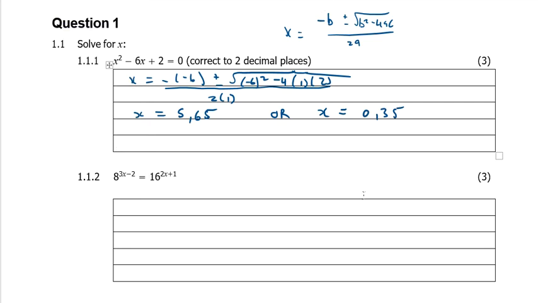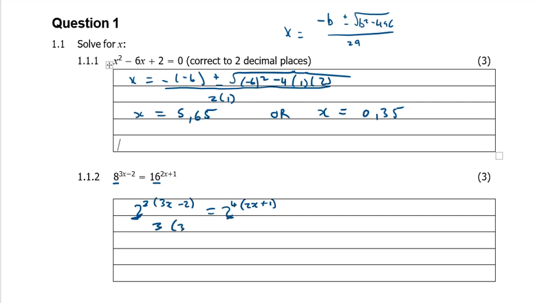Right, so let's move on to 1.1.2. Again, we're solving for x. We're given some bases and exponents, and I hope you could see that both 8 and 16 could be written with a base of 2. So 2 to the power of 3 will give you 8. And 2 to the power of 4 will give you 16. Okay, now that both bases are the same, we could just equate the exponent part.